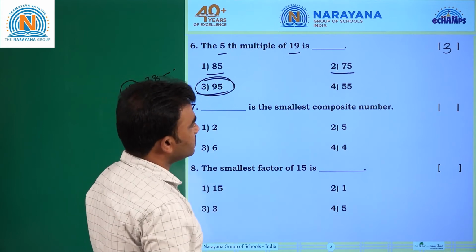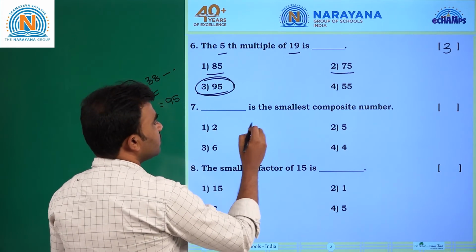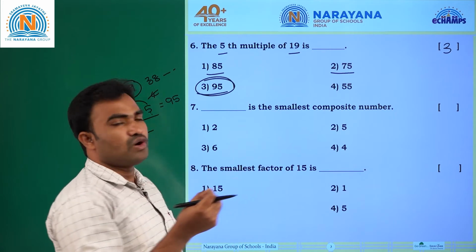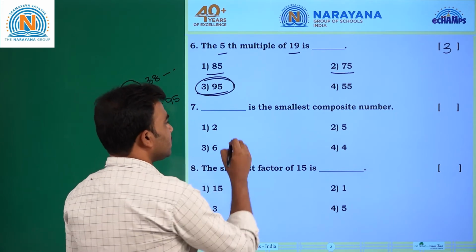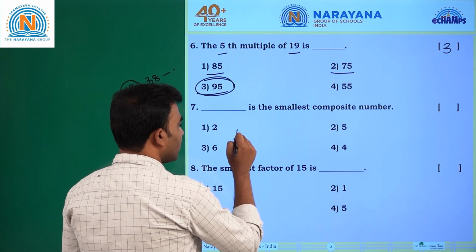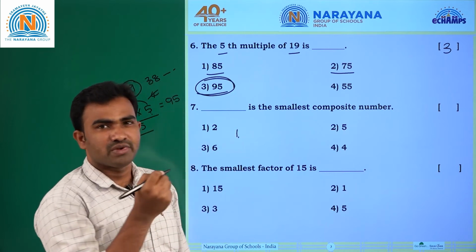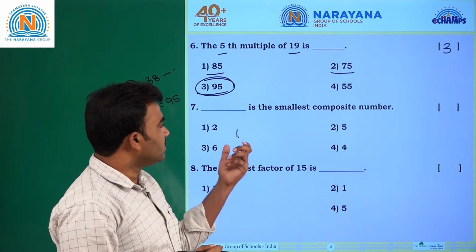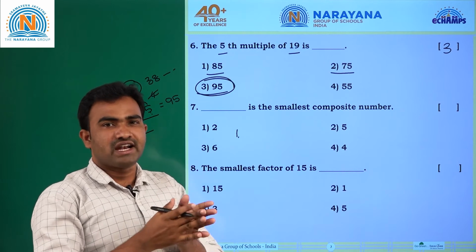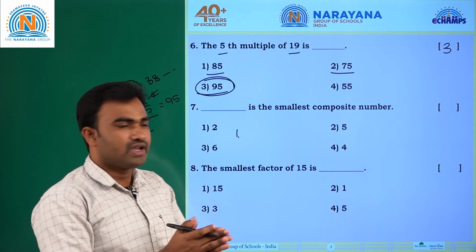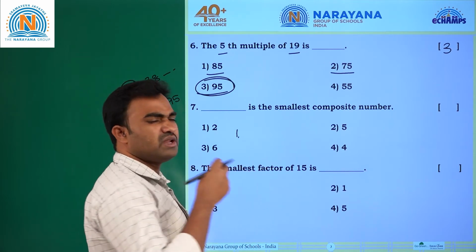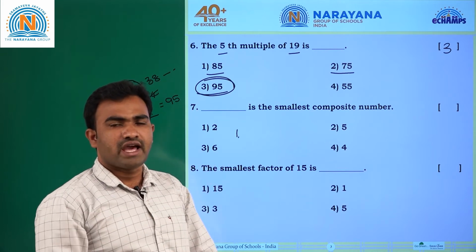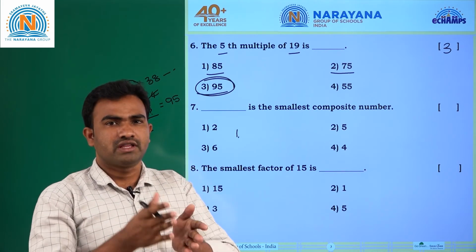Dash is the smallest composite number. What is the smallest composite number? You just write the numbers. First number is 1, that means counting numbers. Always we use 1 for starting a count, to count any objects or any people.